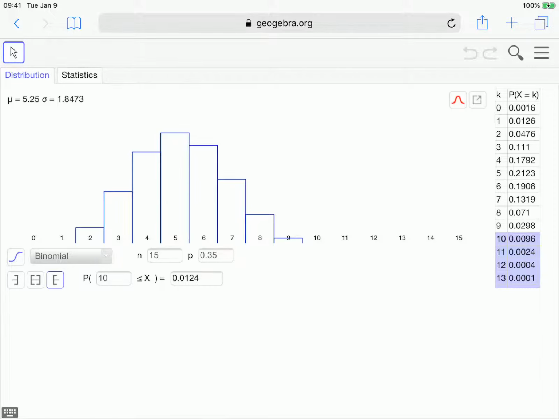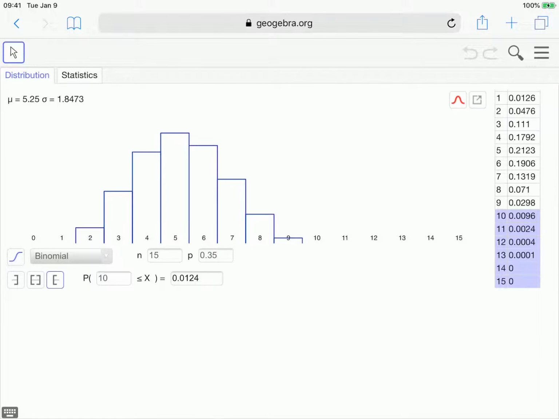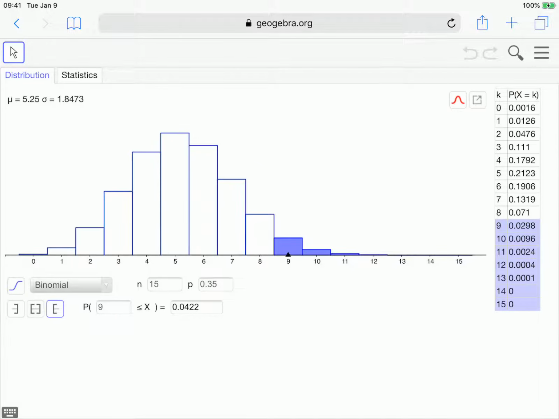So now what it did is it looked at 10, 11, 12, 13, 14, 15, all of those individual probabilities, not 9. I don't want 9. I want 10 through 15. So it took the probability that 10 trains are late, plus the probability of 11, plus 12, plus 13, plus 14, plus 15. Because at least 10 means 10 or more.